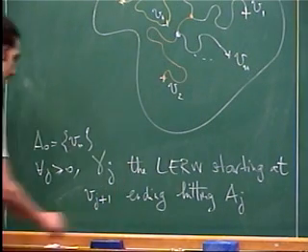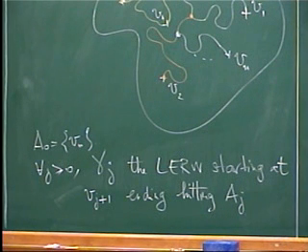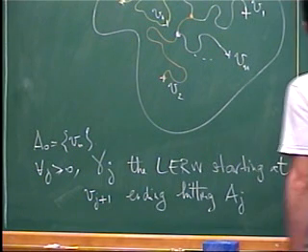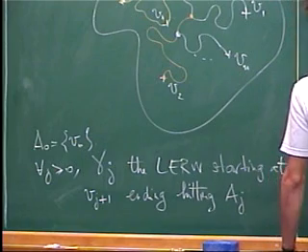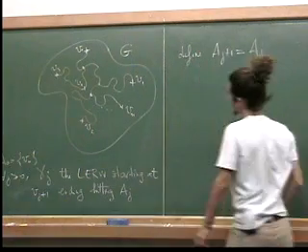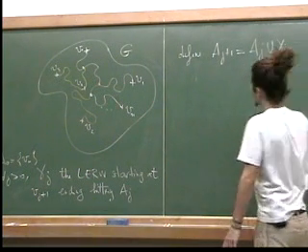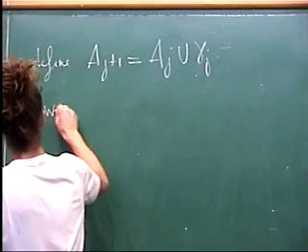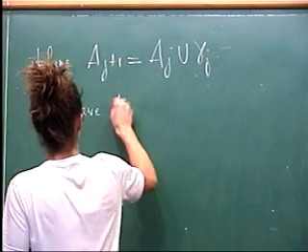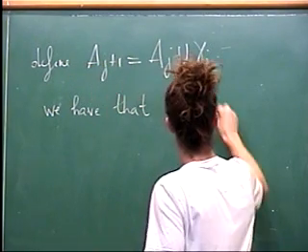And then define A_{j+1} as the union of what we had initially plus the loop-erased walk we are making now. So we have that A_m, which is the last one, is a spanning tree.